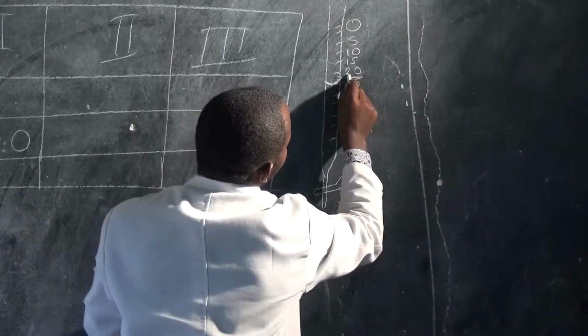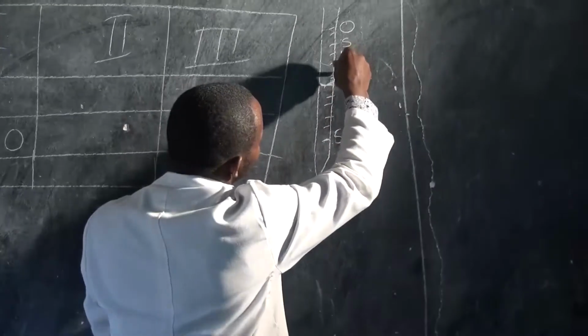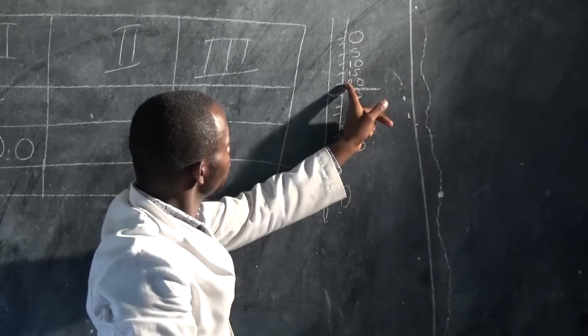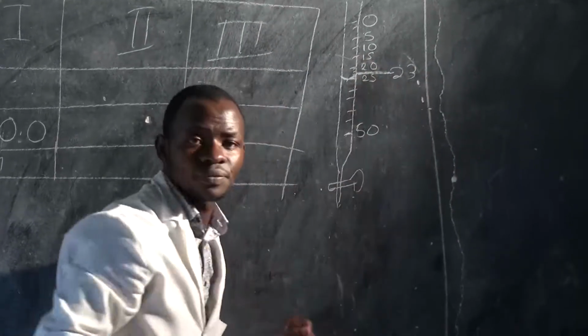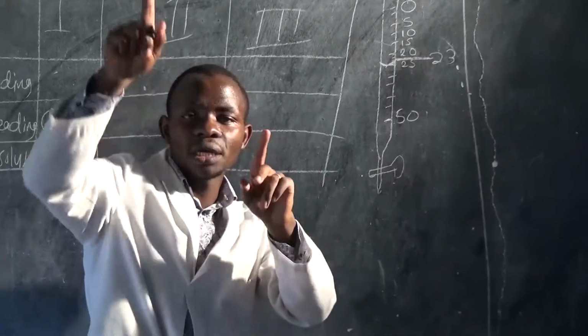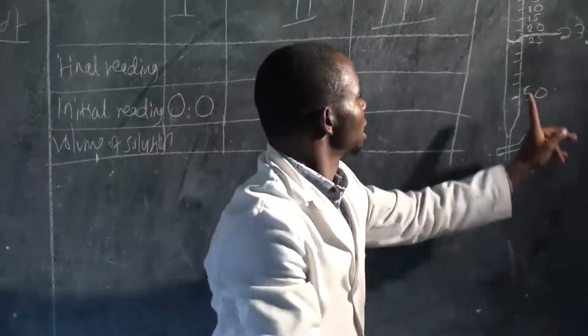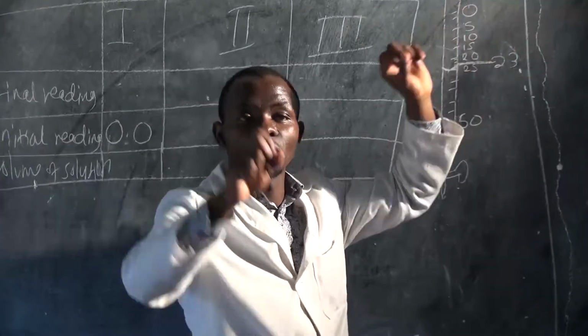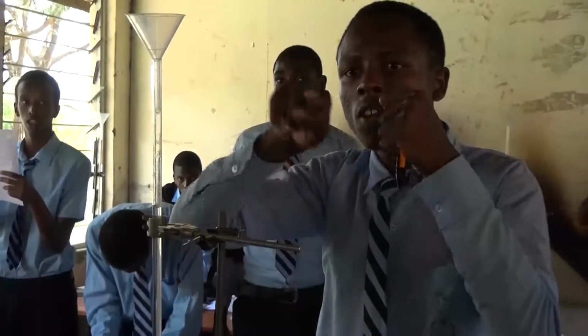So we have minus here. That is how many? So this is 20. Then we have 21, 22, 23. So this is 23. Okay? So you read starting up, going down, not starting down, going up. Okay? Can we read and record the 12.3?